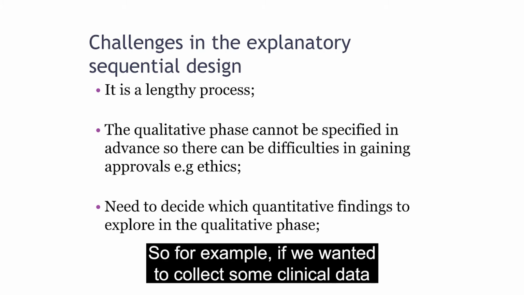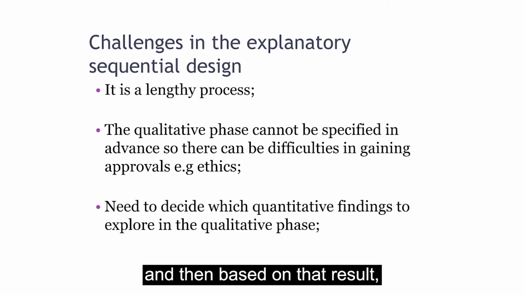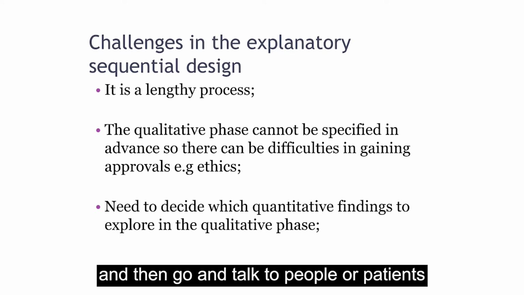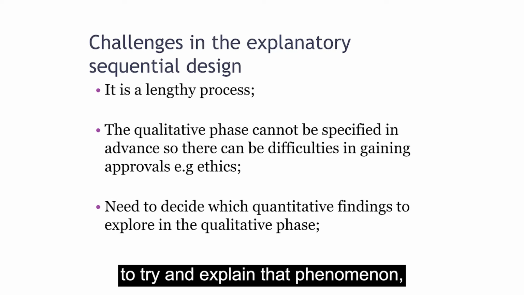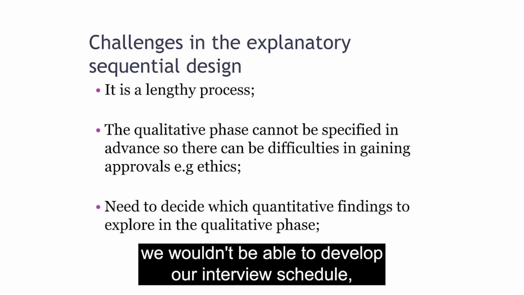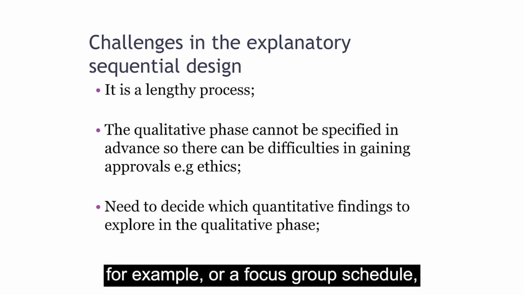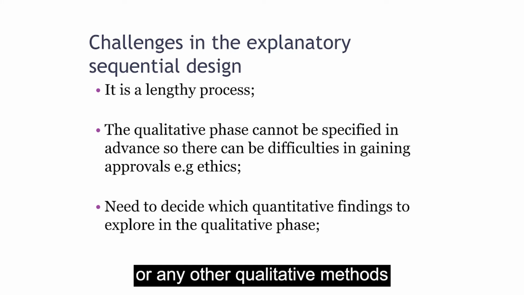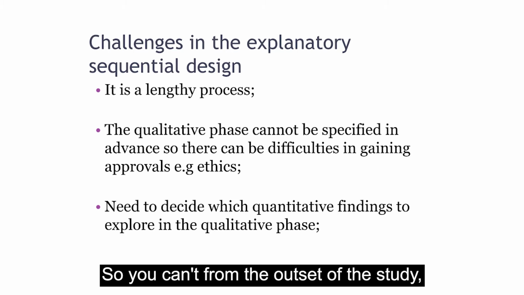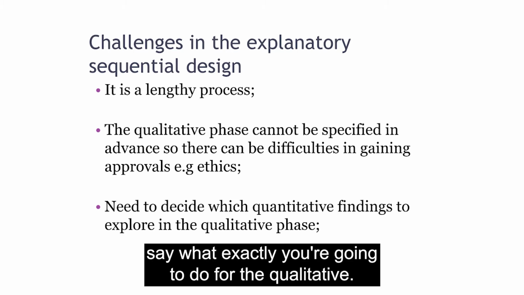So, for example, if we wanted to collect some clinical data, and then based on those results go and talk to people or patients to try and explain that phenomenon, we wouldn't be able to develop our interview schedule, or a focus group schedule, or any other qualitative methods until we've analysed the quantitative.